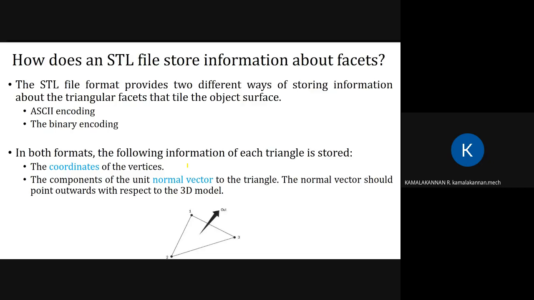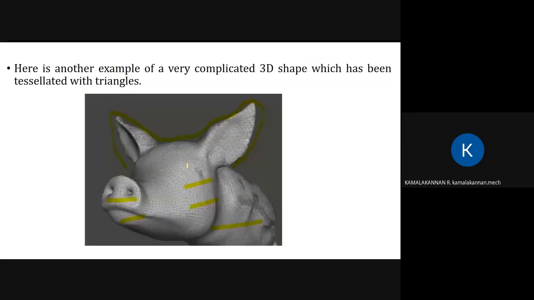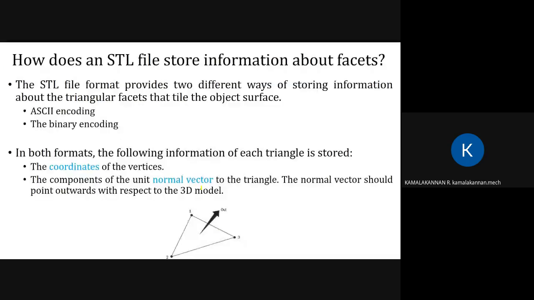Then we know about what slicing is, how it should be sliced, how invalid models should be avoided, and we know about the triangles, and how easily we can do it even in a tough model. Now we should know how the STL file stores information about facets, that is, about this triangle.